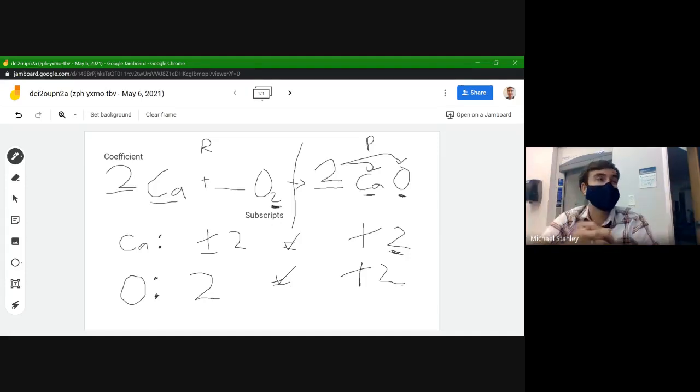You don't have to fill in anything, and that will tell me that there's only this one O2 hanging out right here. So if by the end of the equation everything's balanced and there's one that's blank, that is totally fine.